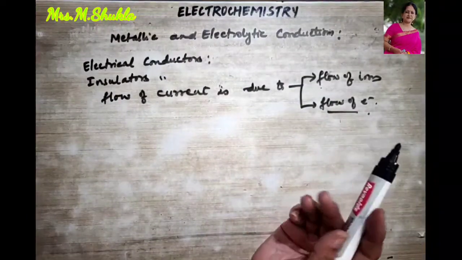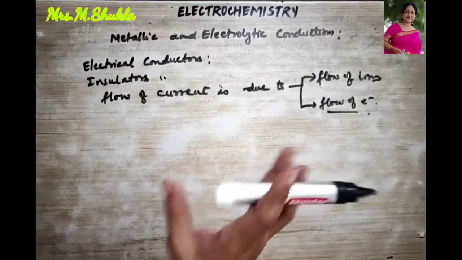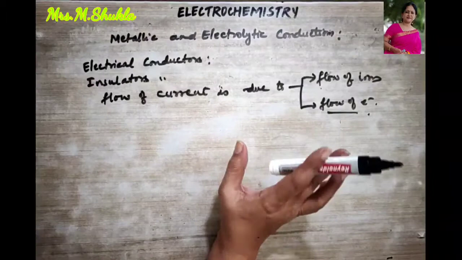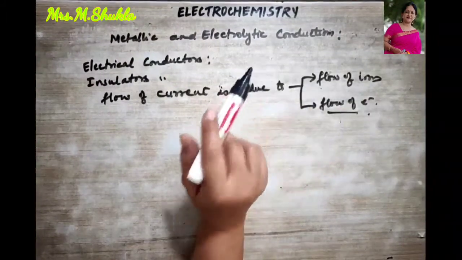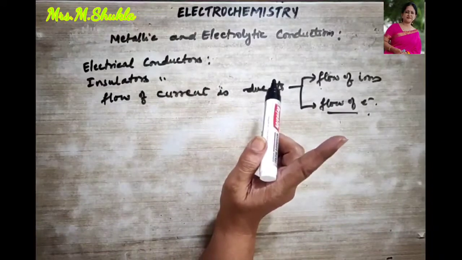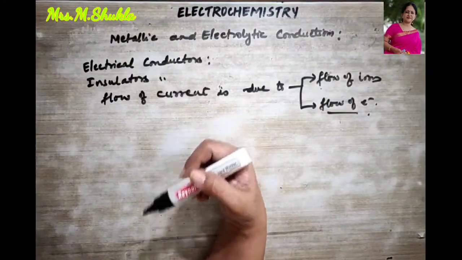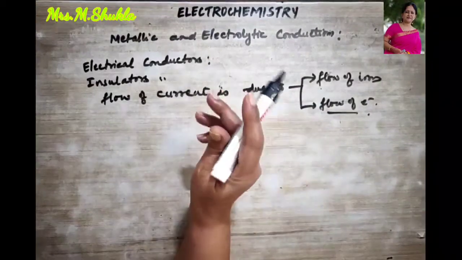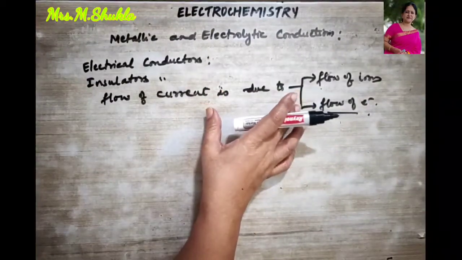Why so? Because the ions are closely packed and they do not have free mobile ions to allow the current to pass through. So the ions move to oppositely charged electrodes. I hope you know that the positive charges move towards the negative electrode and the negative charges move towards the positive electrode, right?